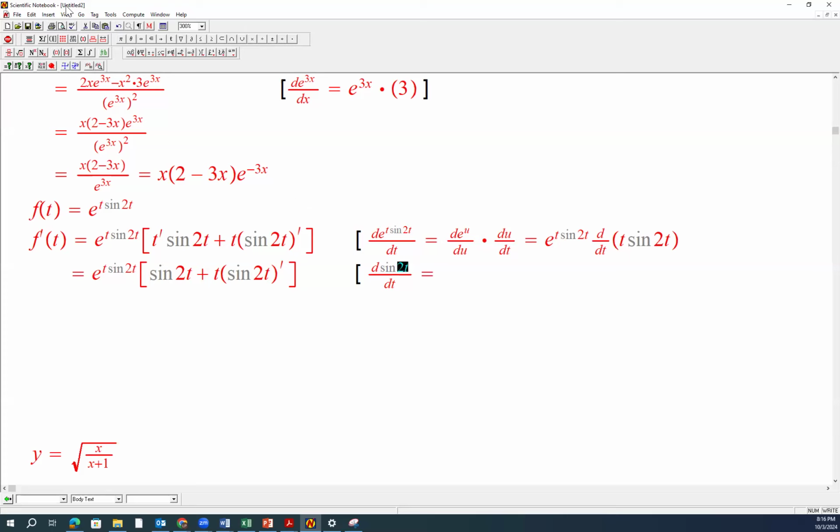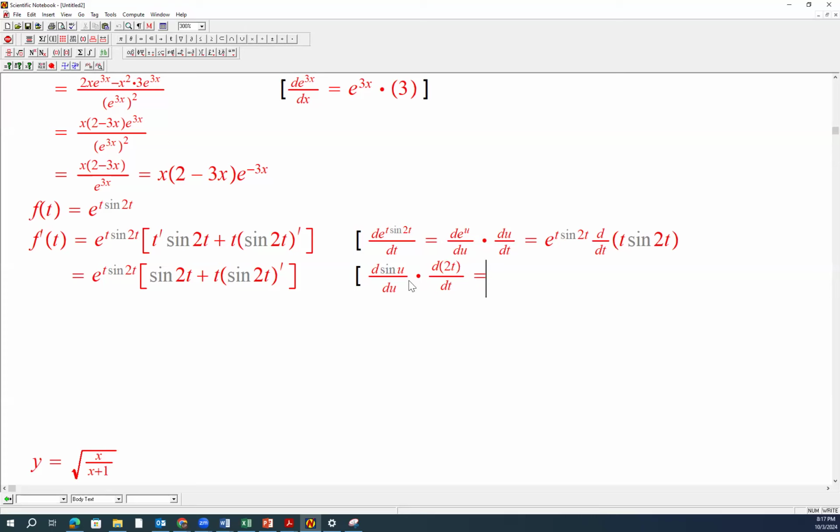We treat 2t as a u. Okay? And we scoot over a little bit and bring this dt over here, and we differentiate with respect to u. That's an application of the chain rule. And our u is 2 times t.